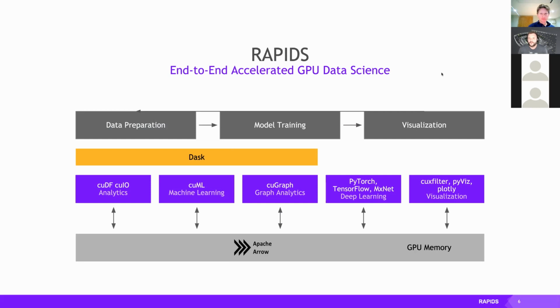Same for, if you know scikit-learn, you can use cuML. If you do graph analytics, you can use cuGraph. PyTorch, TensorFlow, etc. are already GPU accelerated, so we just want to play nice with those. And then we've been working a bunch on visualization libraries where the visualization is rendered on the GPU as well. And we're trying to extend that Dask bar as well across to allow you to scale out as many workloads as possible.